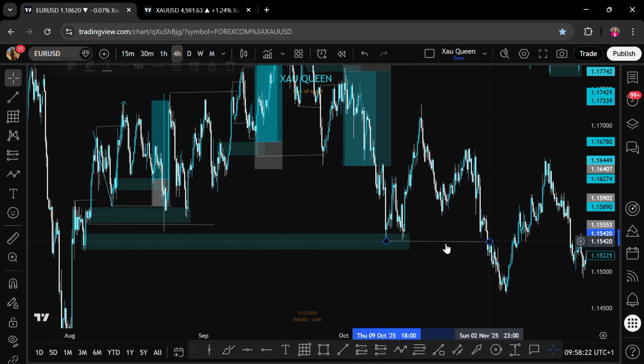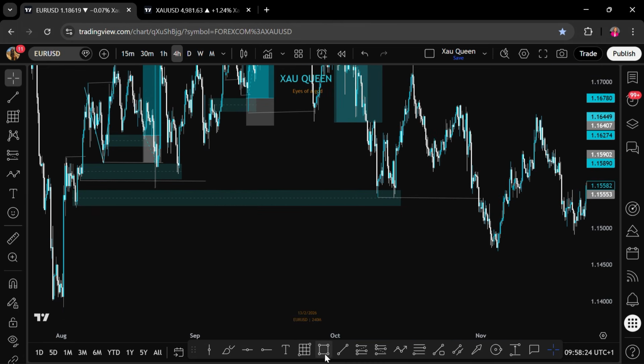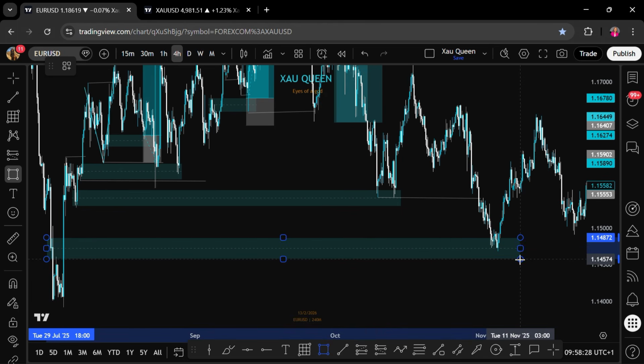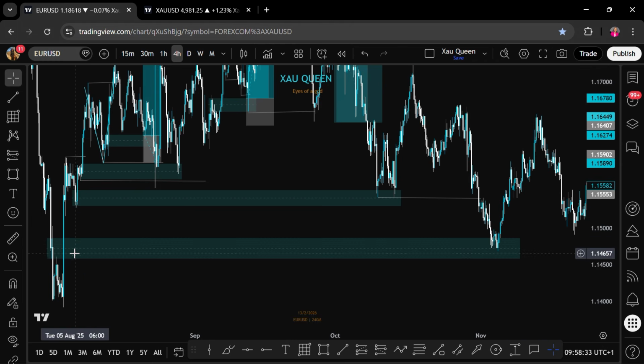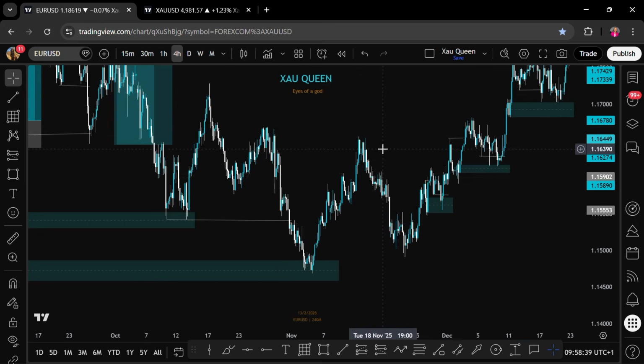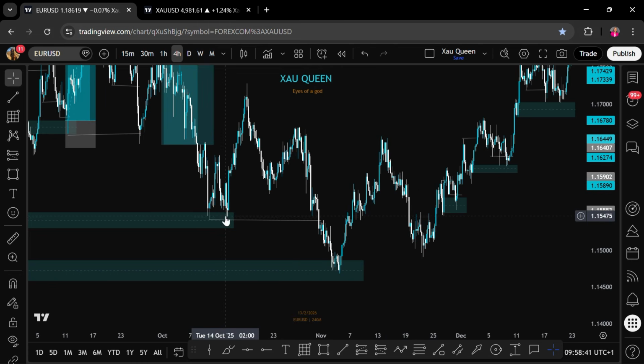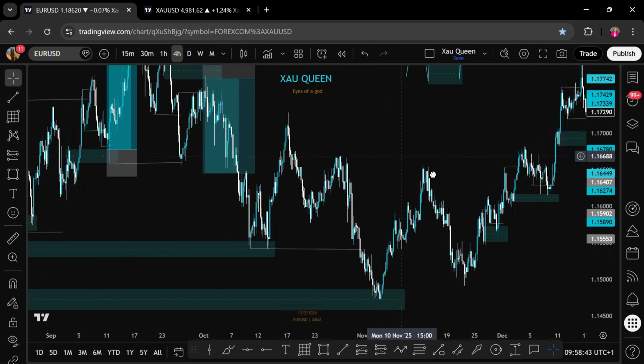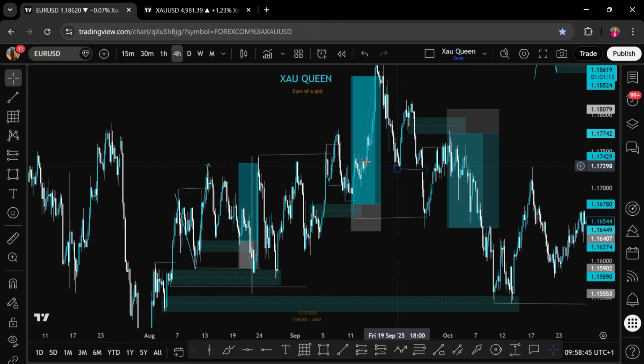Price took it out, tapped into another zone that is closest to that liquidity area. You see that our indecision candle is also acting as demand here. Just note that indecision candle. Price tapped into it, and what did the price do? Price started to run. That's where price reversed from. So when you see double bottom like this, just know it's a form of liquidity.